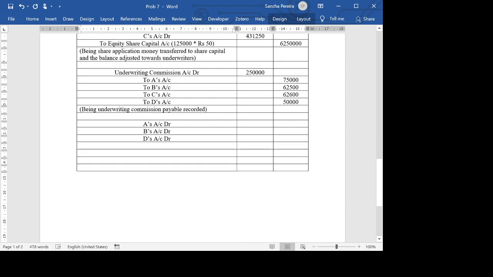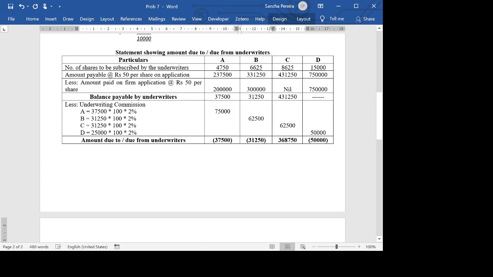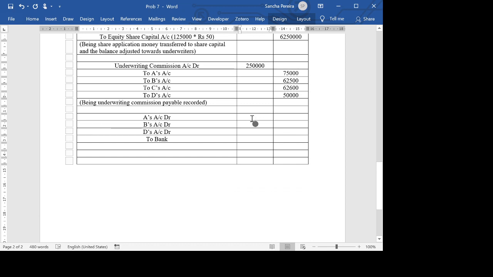So we will say to bank, because money is going out. How much does the company owe each of these three? In case of A it is 37,500. In case of B it is 31,250, and in case of D, it is 50,000. And to bank will be the total that they have to pay, 1,18,750.